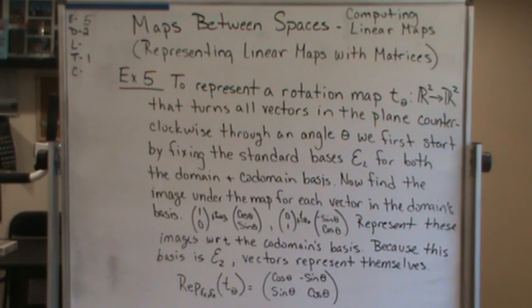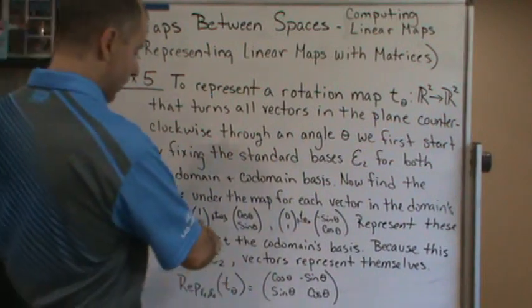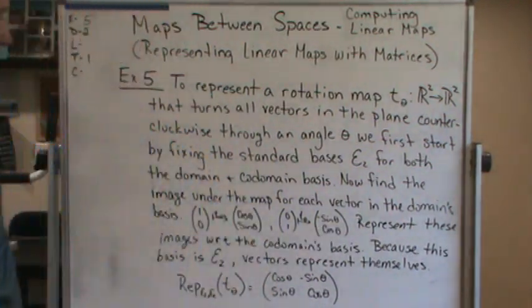Now, here's the thing. The advantage to this scheme is that we get a formula for the image of any vector at all just by knowing this.